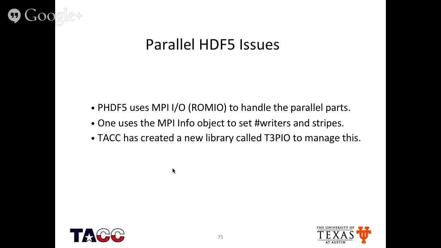The idea of parallel I/O is called MPI I/O, but there's a reference implementation that was part of the standard called ROMIO, and pretty much everybody uses that implementation. So when I say ROMIO, I'm talking about the MPI I/O implementation, but as far as I know, every implementation, at least on supercomputers, of MPI I/O is based on ROMIO.